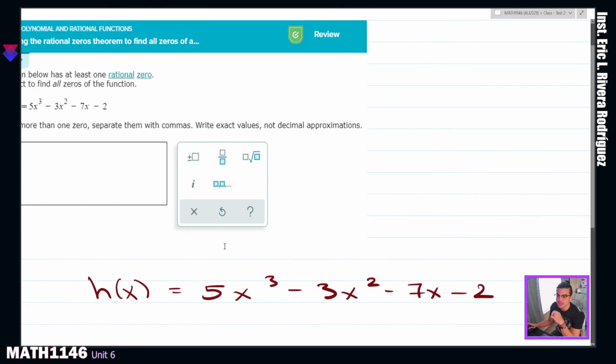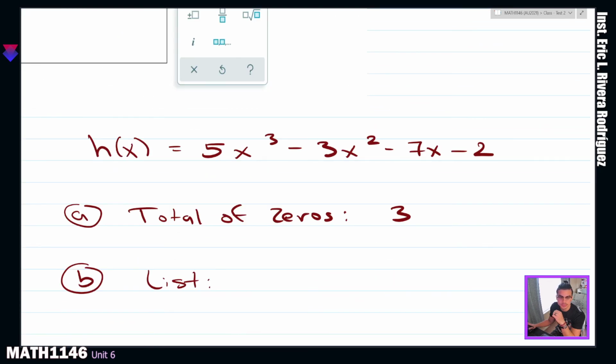Okay, what are the values that we need to take into consideration to create the list of possible rational zeros?